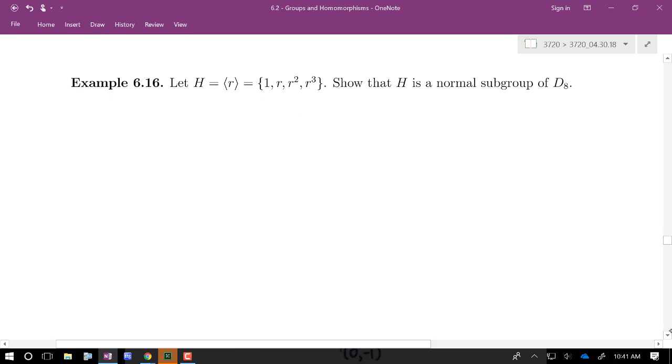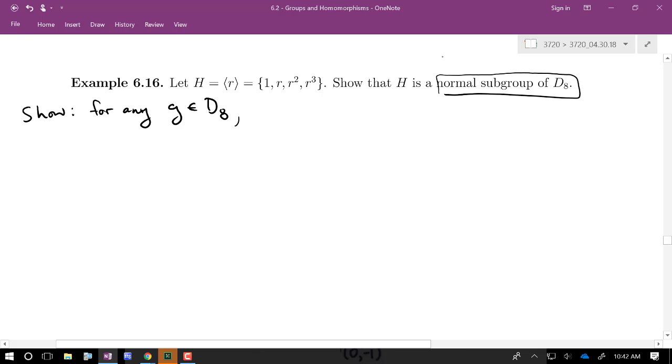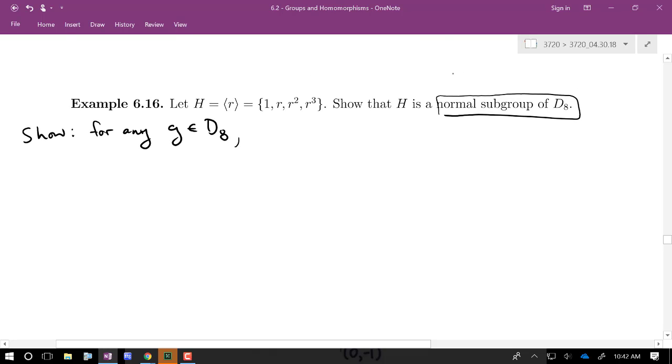So let's look at the subgroup H, which is just the group of the rotations, cyclic, right? We're going to show that H is a normal subgroup of D8. Remember that this group is not itself abelian, so it's not obvious that this group would be normal. So here's what we're going to show, that for any element g in D8, and I'm going to use the conjugation notation, a normal subgroup, one way that we defined this was that gH is equal to Hg, right?